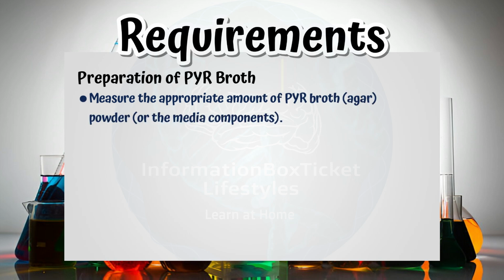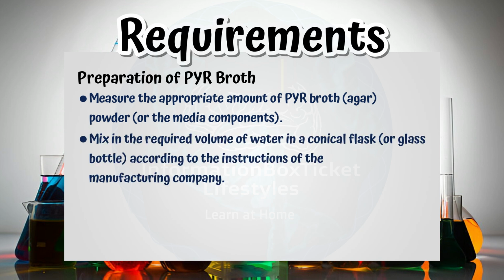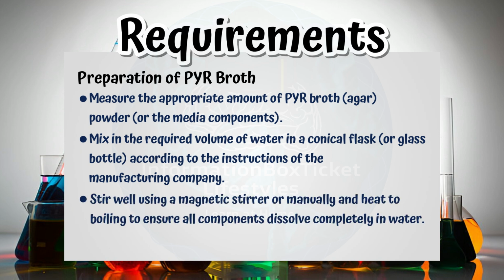Measure the appropriate amount of PYR broth, agar, powder, or the media components. Mix in the required volume of water in a conical flask or glass bottle according to the instructions of the manufacturing company. Stir well using a magnetic stirrer or manually and heat to boiling to ensure all components dissolve completely in water.